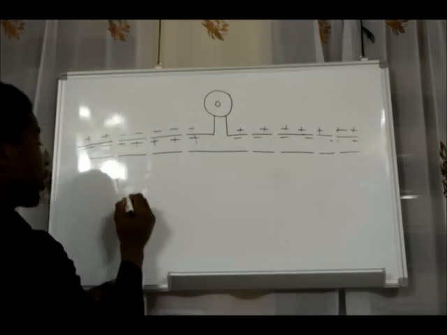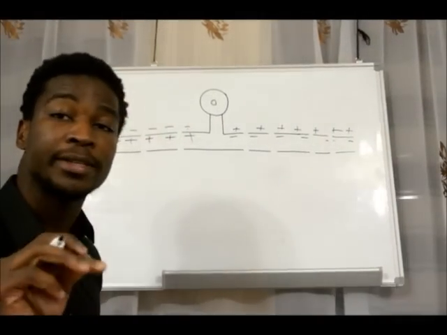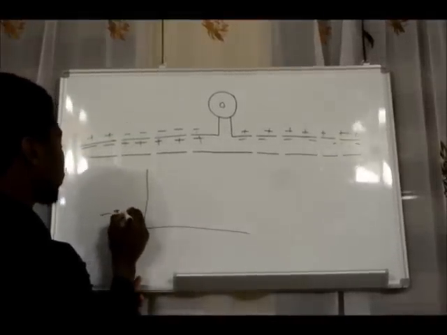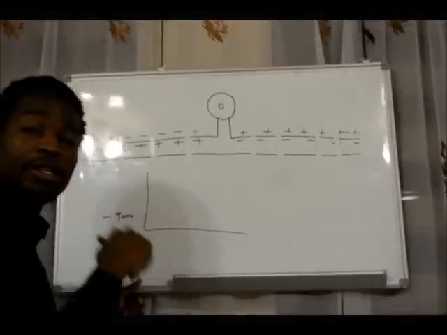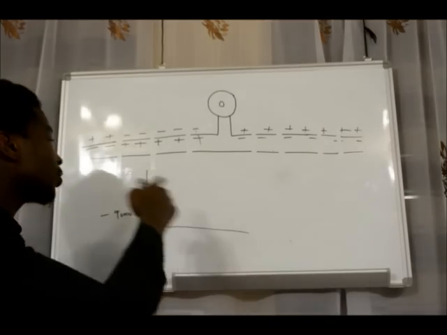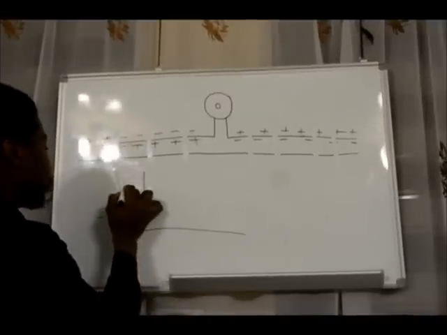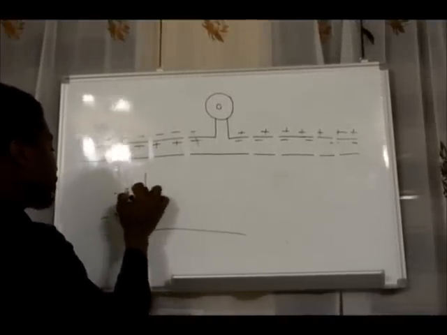What do I mean? Let's take for example, let's say the cell was resting at minus 90 millivolts. And the threshold for the generation of an action potential, or an excitation, is minus 70 millivolts.